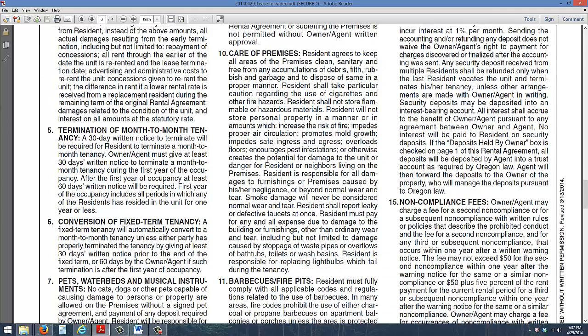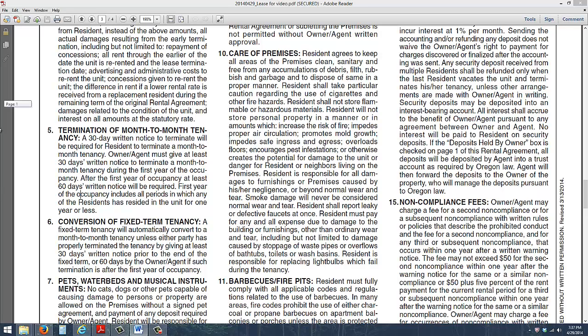Section 10 here, regarding care of premises, has to do with general cleanliness of the property, making sure that it's free of debris and so forth. Also, you're responsible for any damage and uncleanliness beyond normal wear and tear. And another important provision of this section is that if there's ever a water stoppage or overflow, you are responsible for minimizing the damage.